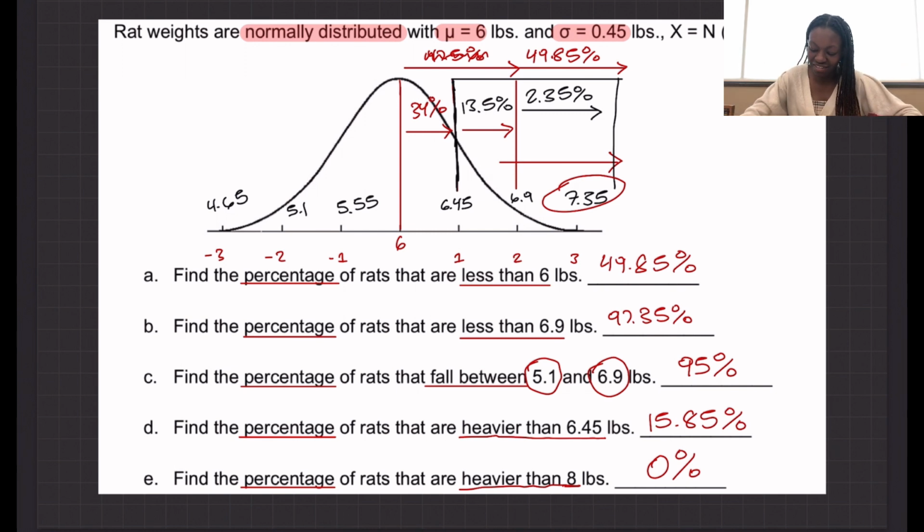I don't know how to say that exactly. You could say that there are no weights that would fall past 8 pounds. So I would say 0% of the rats, or there are no rat weights that fall after 8 pounds, or the greatest rat weight is 7.35 pounds. You could say any of those. I keep saying percent instead of pounds.